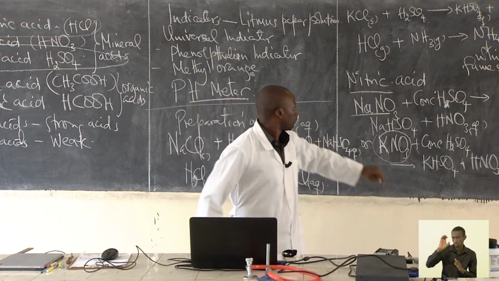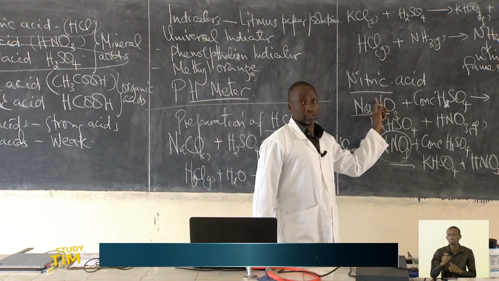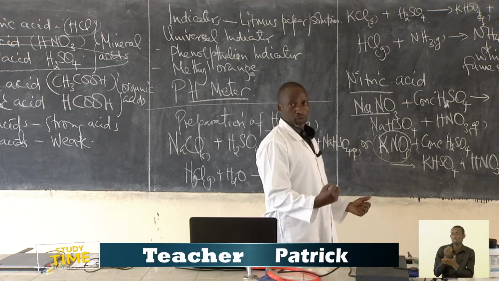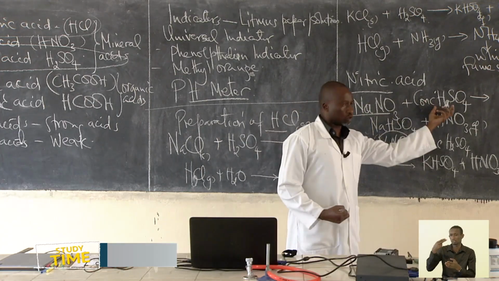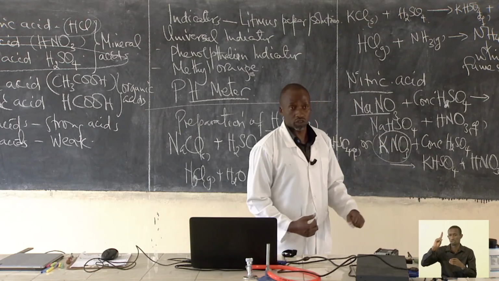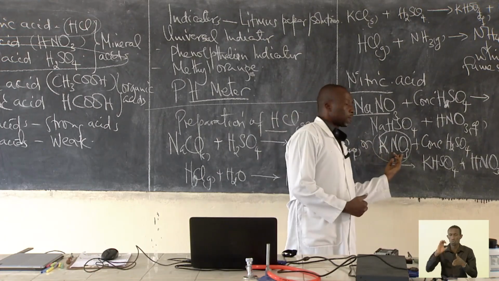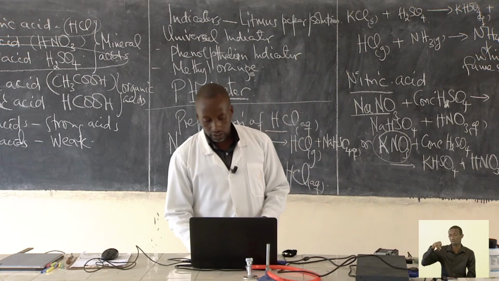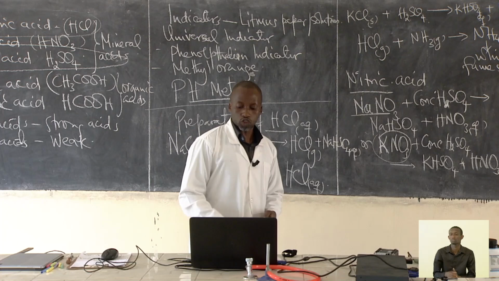So if you use sodium nitrate, because of its hygroscopic properties, it will absorb the water and dilute the acid. You may not be able to get the concentrated acid. Here, potassium nitrate is preferred because it is not hygroscopic.